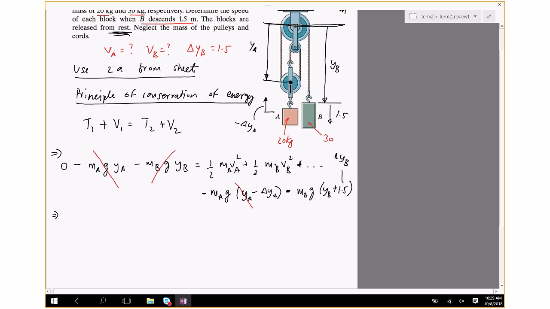Similarly, m_B g y_B will cancel with m_B g y_B on the right side, and I'll be left with 0 equals half m_A v_A squared plus half m_B v_B squared minus, is plus, m_A g delta y_A minus m_B g times 1.5.